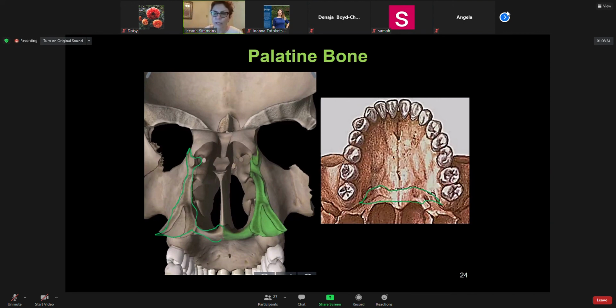What we're looking at here on the inferior aspect are these plates right here. So it's an L-shaped bone. It's way back in the posterior region of your palate.